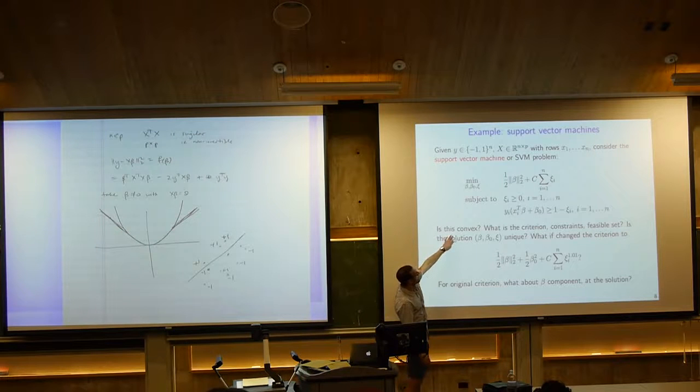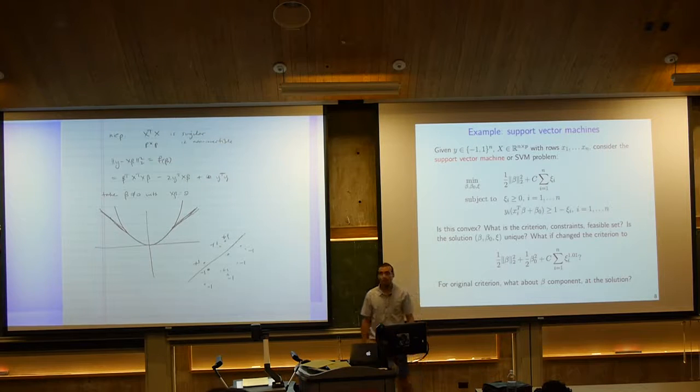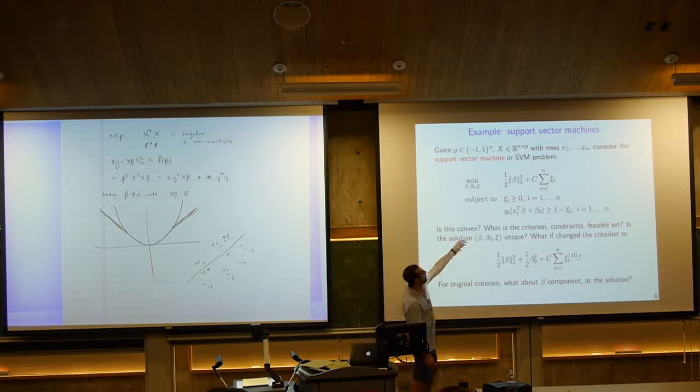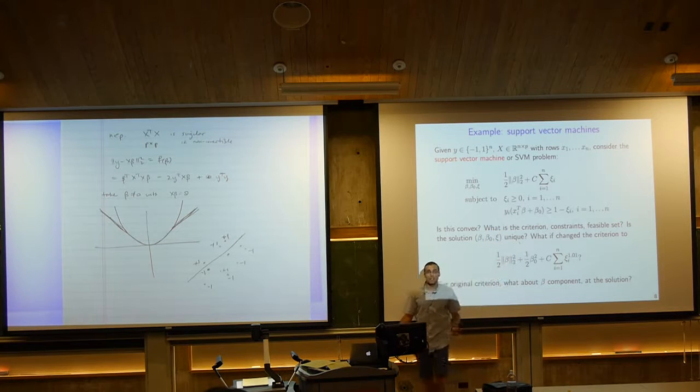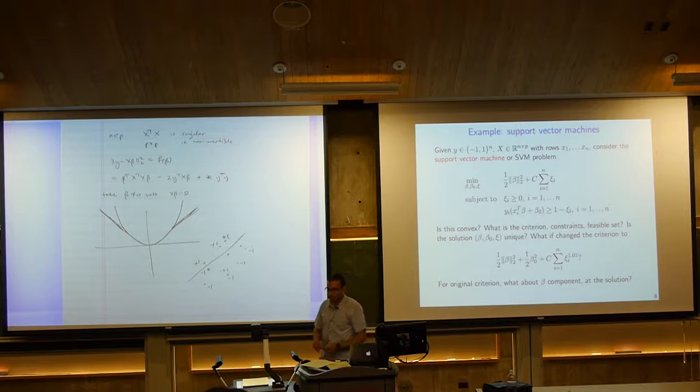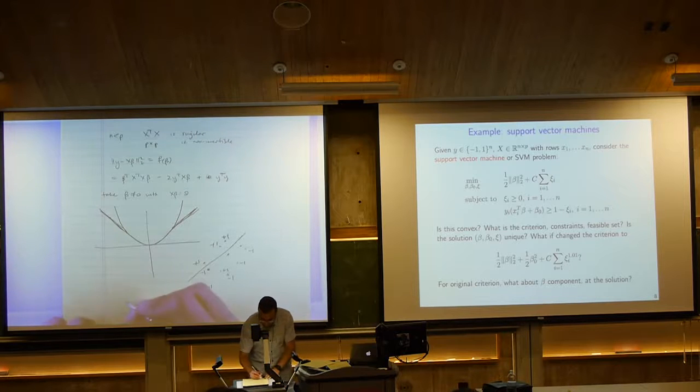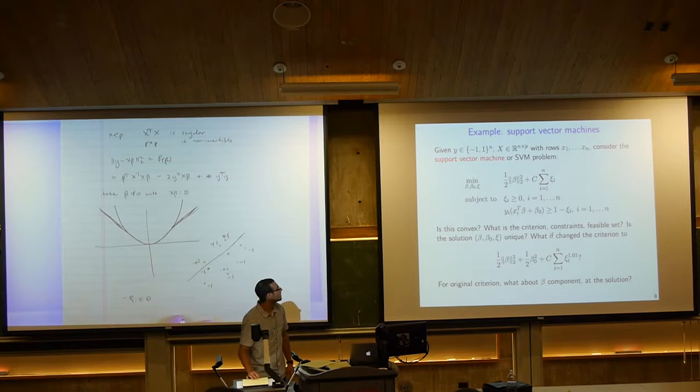Let's ask the same questions. Is it convex? Yeah, it's convex because the criterion is just a quadratic plus a linear function. These inequality constraints are all okay. I can rewrite it as minus psi i being less than or equal to 0, and this is definitely a convex function.